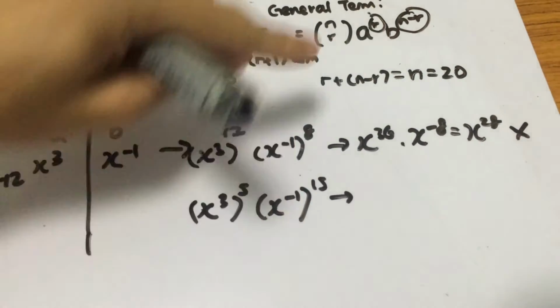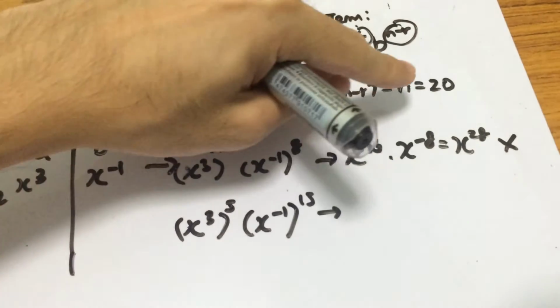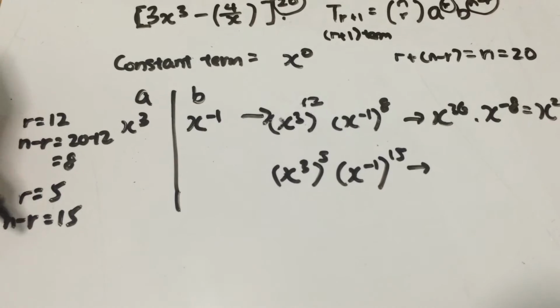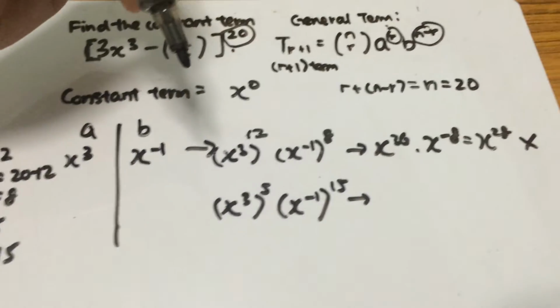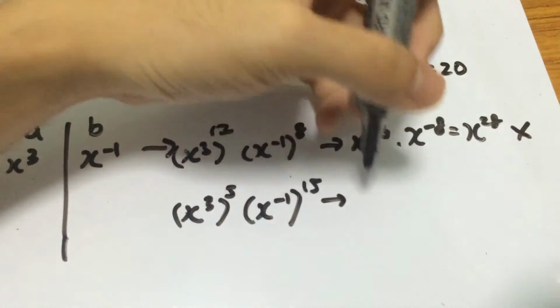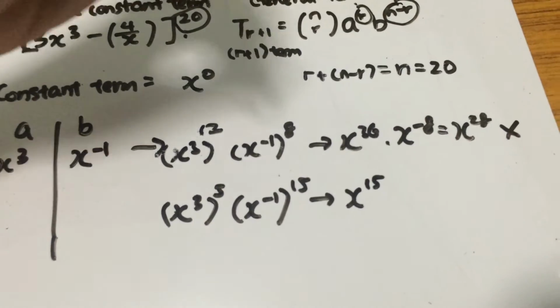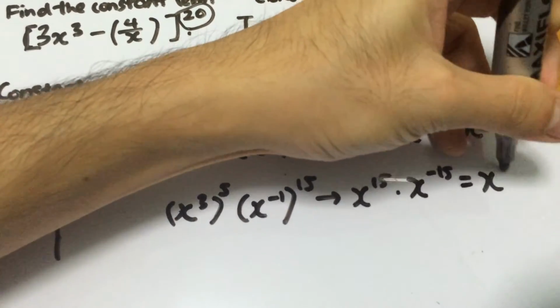Alright, so we must know that R plus n minus R must be equal to 20. So R plus n minus R is 5 plus 15, which gives you 20. Now when you work it out, it is actually x to the power of 15 times x to the power of -15, and that gives you x to the power of 0.